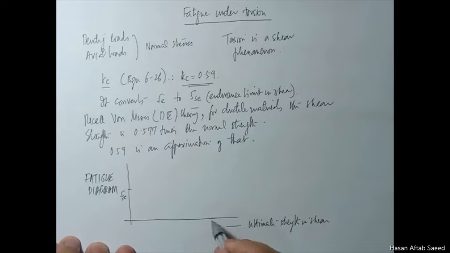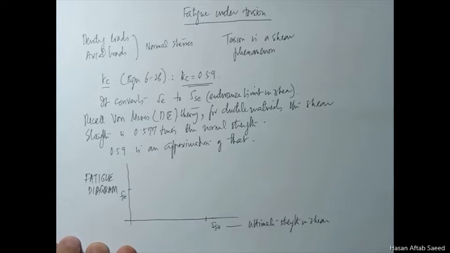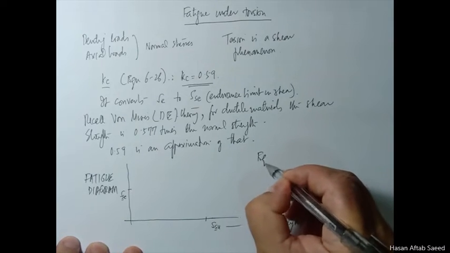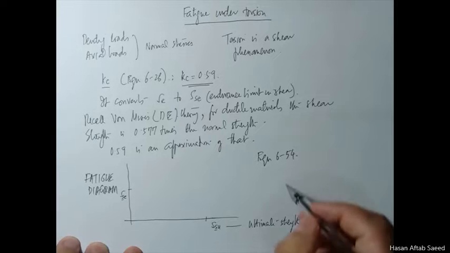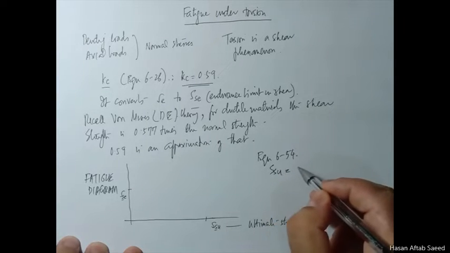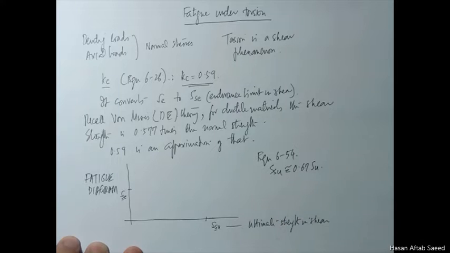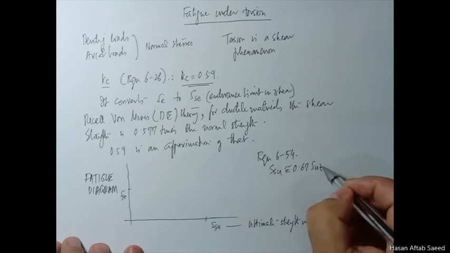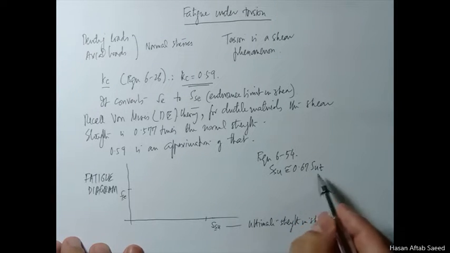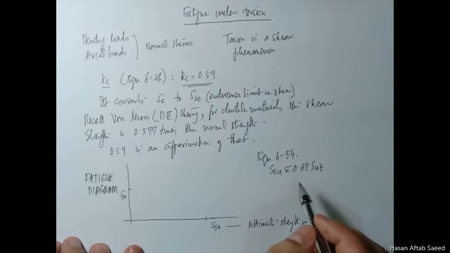Now how do we get that one? That's easy. According to equation 6.54, SSU is simply equal to 0.67 of SU. Now this is an empirical relationship, and if we know the ultimate strength of the material, SUT, then you can just get this SSU by multiplying it with 0.67.